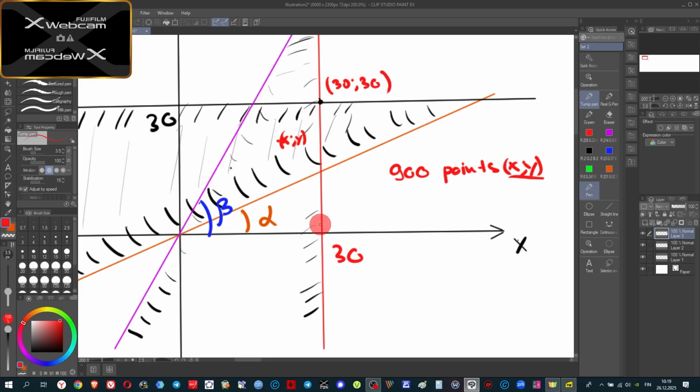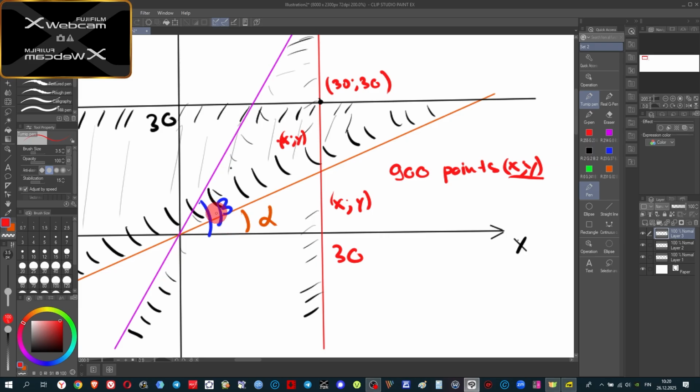That's the main idea. Obviously, when you look at the number of points with natural coordinates xy in this triangle, it will be exactly the same as in this triangle. Why? Because this triangle is exactly equal to this one. Tangent beta equals 2. Tangent alpha equals 1 over 2. So these numbers are reciprocal, 2 and 1 over 2.